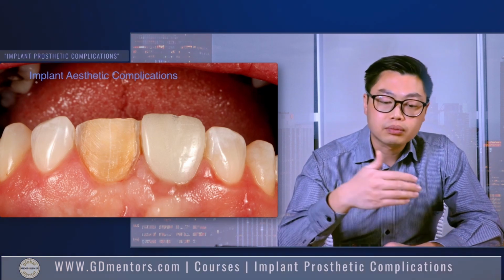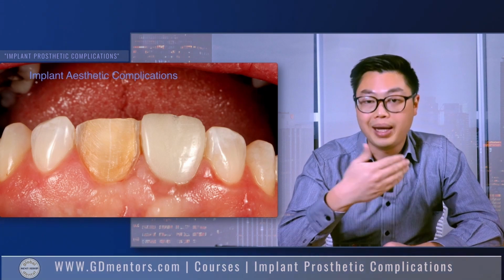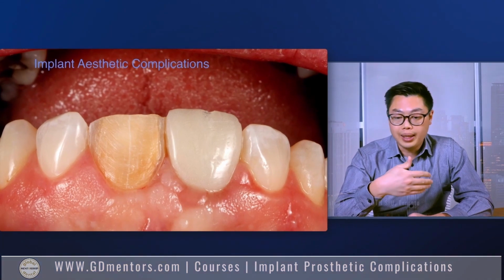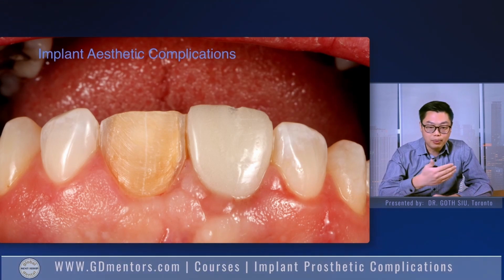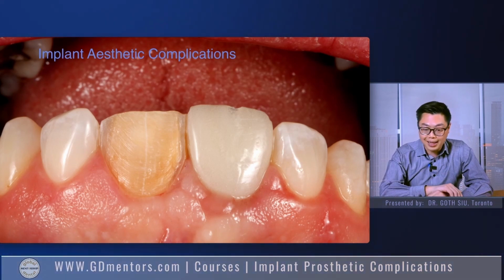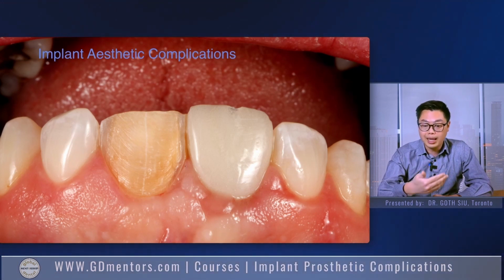General rule is we need around 0.2 millimeters of porcelain thickness to make one shade change. So in this case, we can easily need in the realm of 0.6, 0.8 millimeters of porcelain thickness to mask this color.